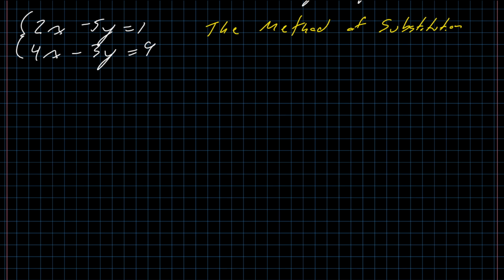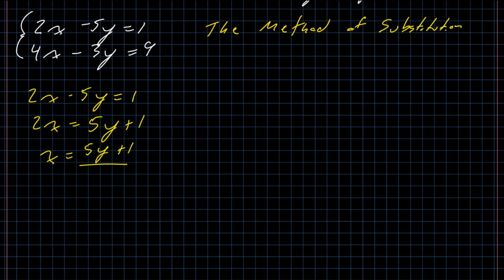I'll take the first equation and solve for x. Now that I have this expression for x, I'm going to take that and substitute it in where you see x in the second equation.